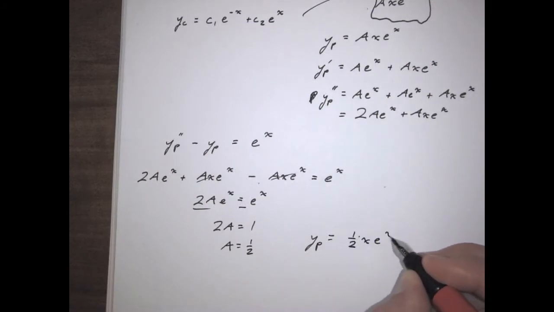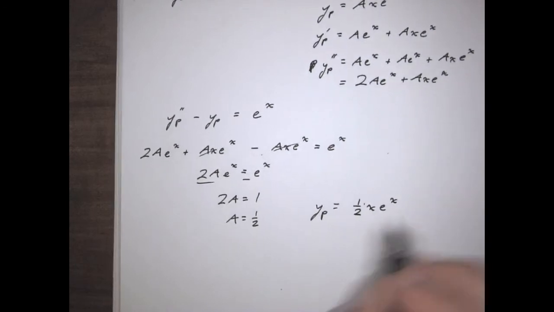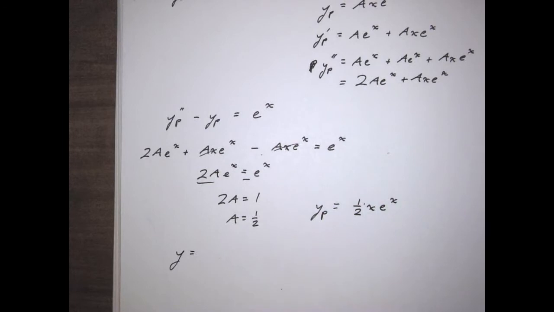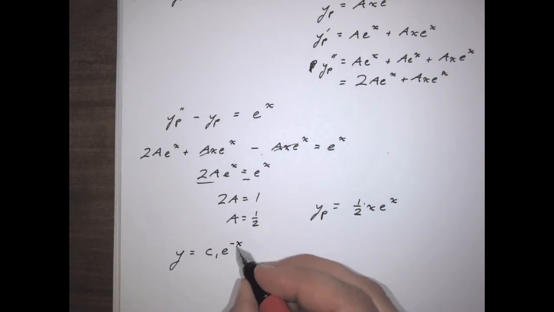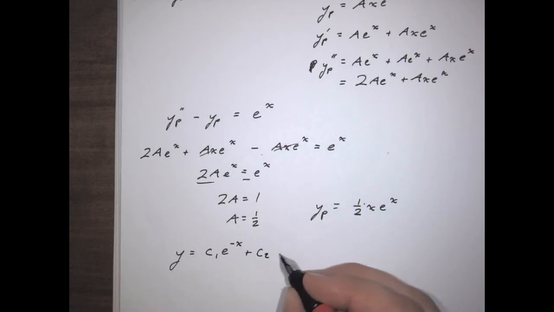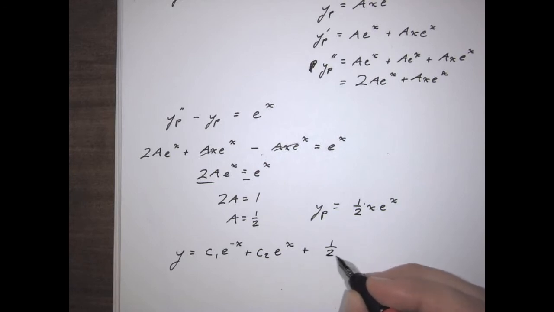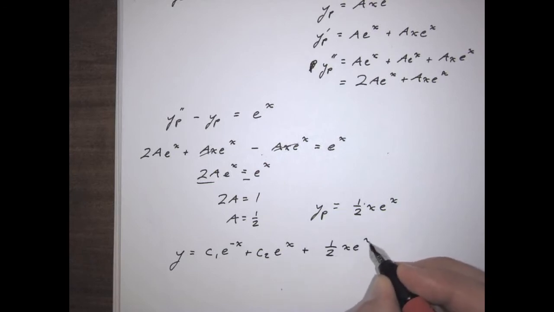x e to the x, which gives us then as our general solution y is equal to the complementary solution c1 e to the negative x plus c2 e to the x plus the particular solution 1/2 x e to the x.